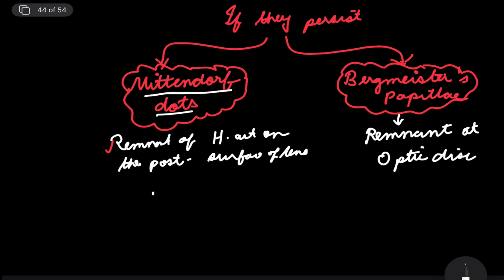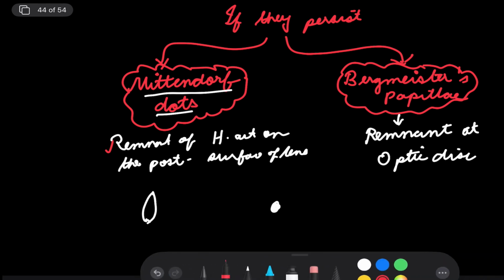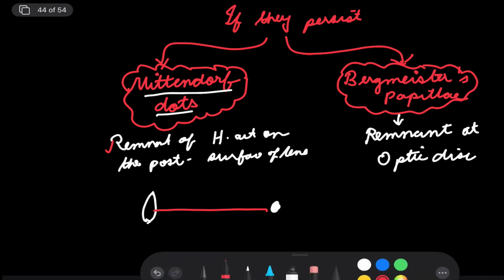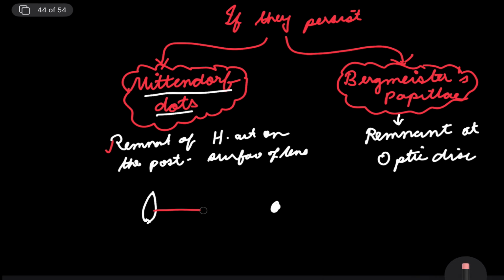So basically, if this is the lens and this is the optic disc and this over here is the hyaloid artery, this is how it is traveling. By 8 months, this entire thing should disappear. But if only this much disappears and some part of it remains, then that is called Mittendorf dots, on the posterior surface of the lens.